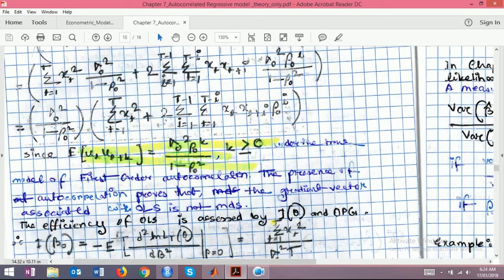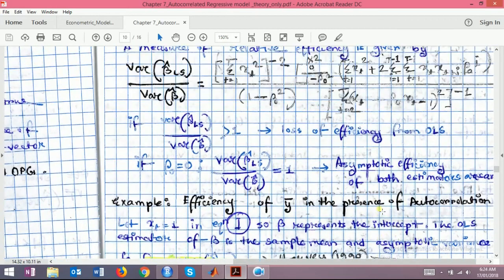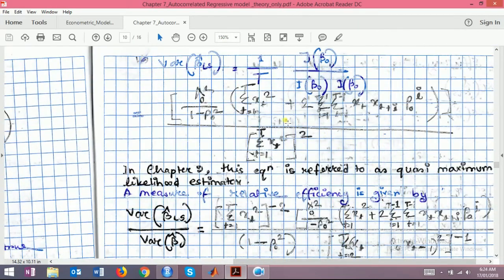Sigma naught square divided by 1 minus rho square remains as it is. We just combine them. This one comes below, this one comes above, and these are also rearranged. We have this equation, that is the quasi-maximum likelihood estimator.